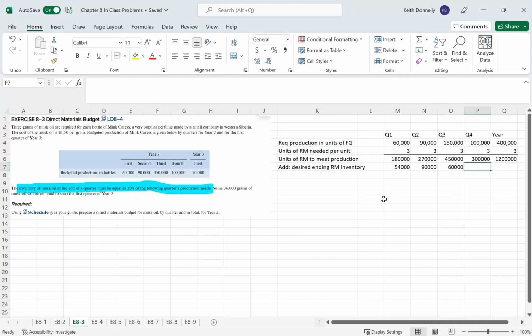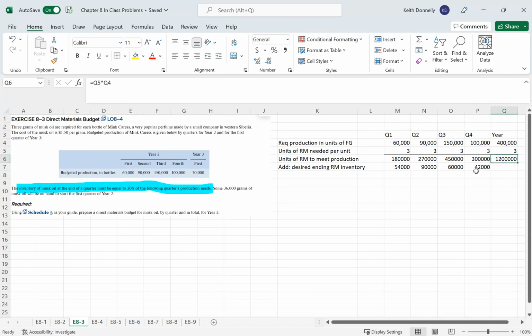Now, the fourth quarter, we have to think about this for a second. We don't have it over here, but they do tell us what the first quarter of year 3 is going to be. So we can snag it right from there. It's going to be 70,000 times, but again we have to be careful here, times the 3, because we're trying to find the total amount, times 20%, we're looking at 42,000.